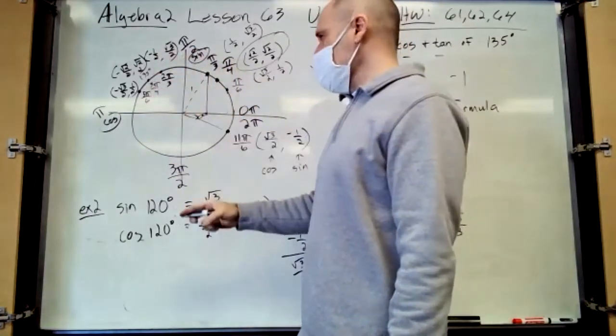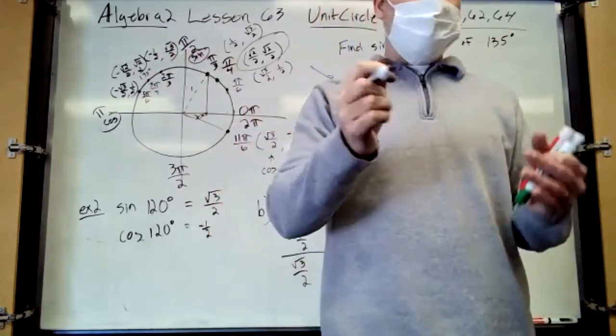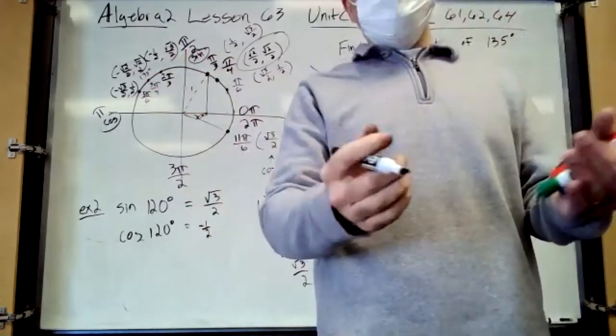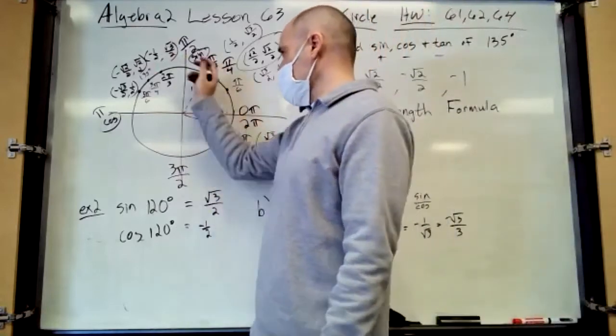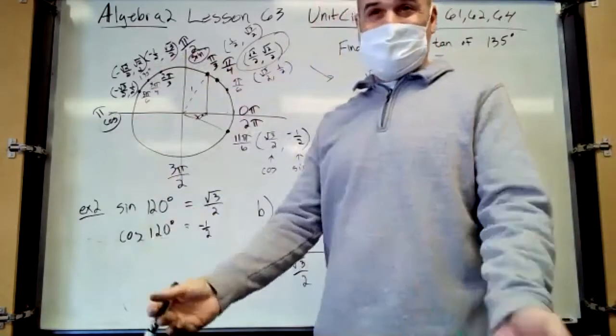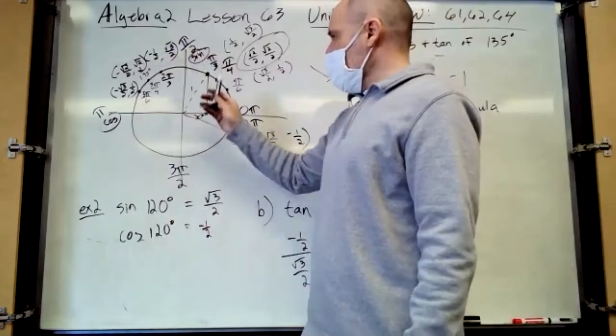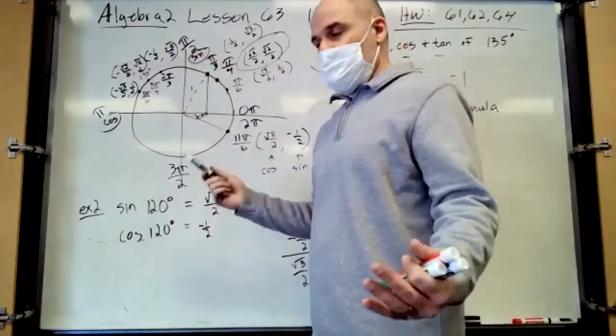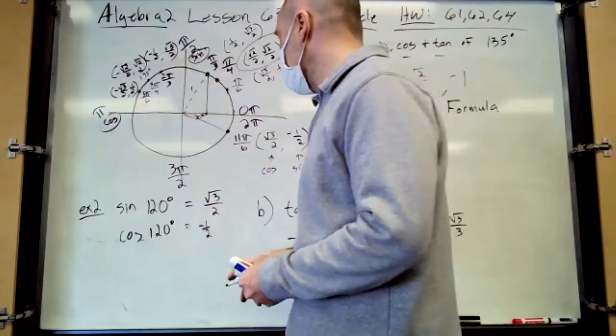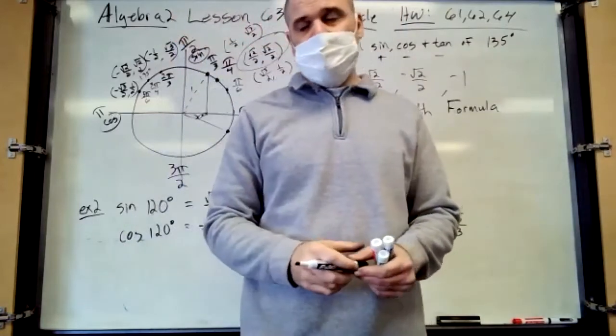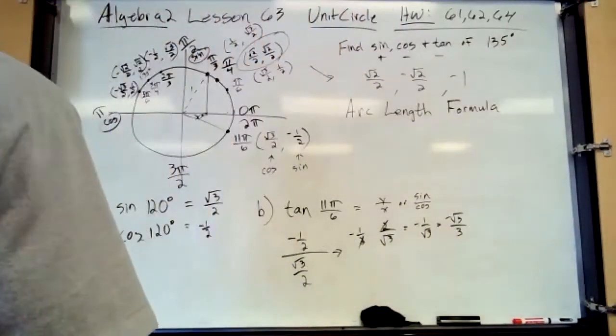It's like 90 over 360 times pi times diameter, because pi times diameter is the circumference of the whole circle, but you only want 90 out of the 360. But when you're dealing with a unit circle, that radius is 1, or the diameter is 2.